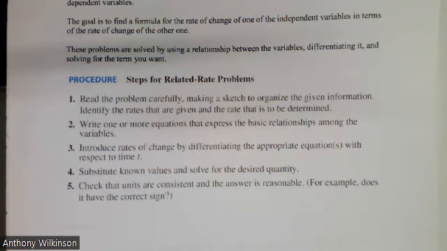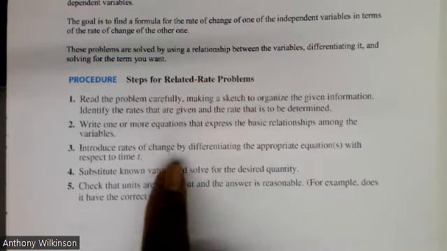Step number two, write one or more equations that express the basic relationships among the variables. Then next, introduce rates of change by differentiating the appropriate equation or equations with respect to time. That's very important.